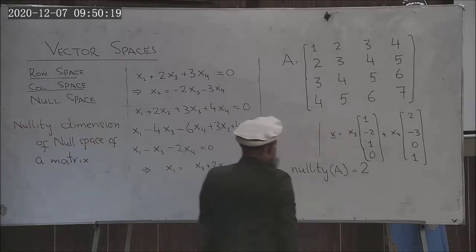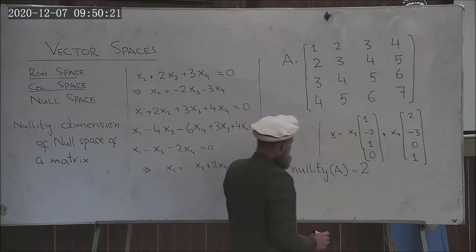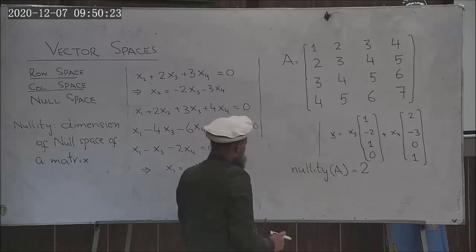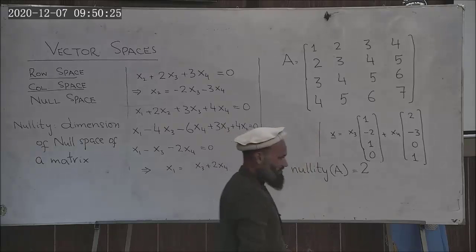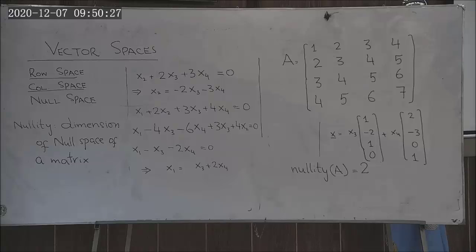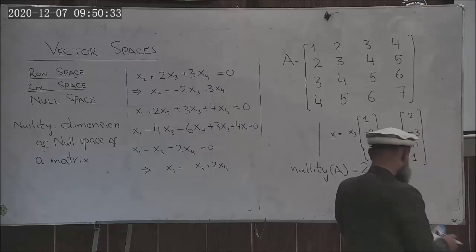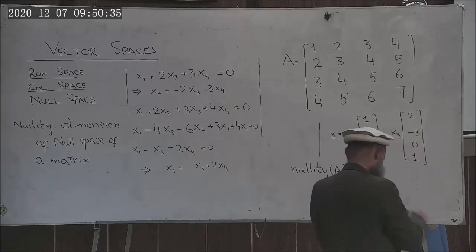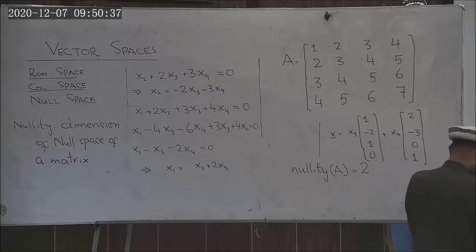And remember that this nullity is always related with rank of matrix in this way. I shall answer the question which was raised over here, but first we write it in this way.